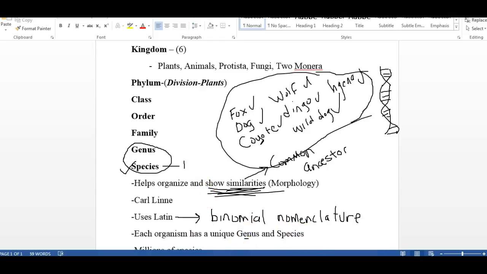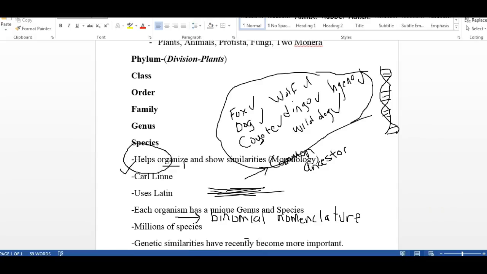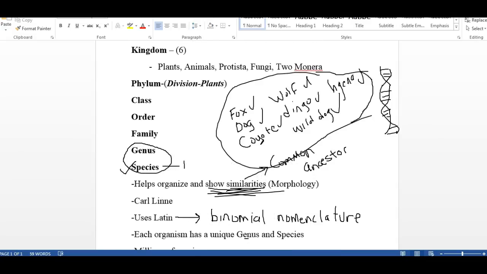There are no different species or organisms that have the same genus and species. They're all different, and there's just two names. It used to be much more complex, and he used Latin. When you look at Canis, canines, many of the names mean something and have a real definite description of what's going on with the organism. And like I said, each organism has a unique genus and species name.